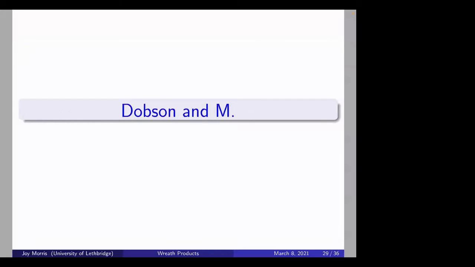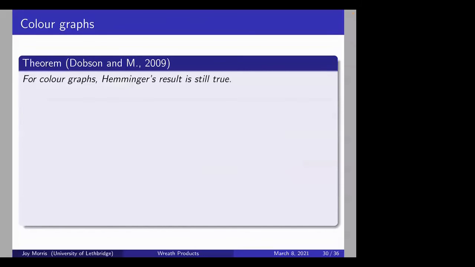Okay, so that brings me to the paper that I did with Ted. Our first goal in this was to generalize Hemminger's and Sabidussi's work to graphs where we had colors on the edges. And it turned out that this was too easy, sadly, for us; their results still went through exactly as written.